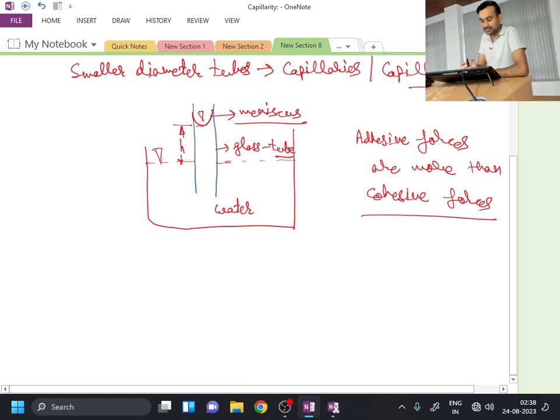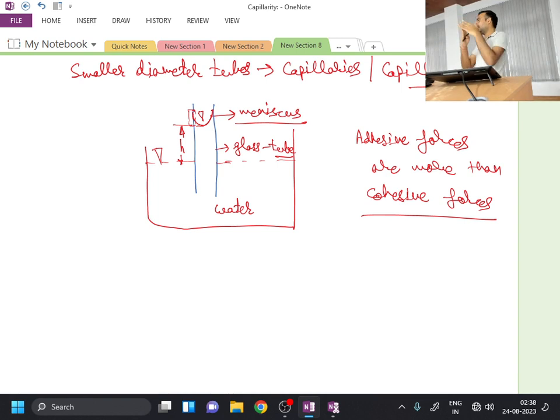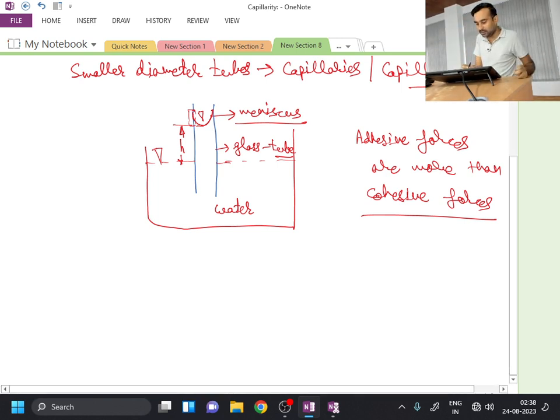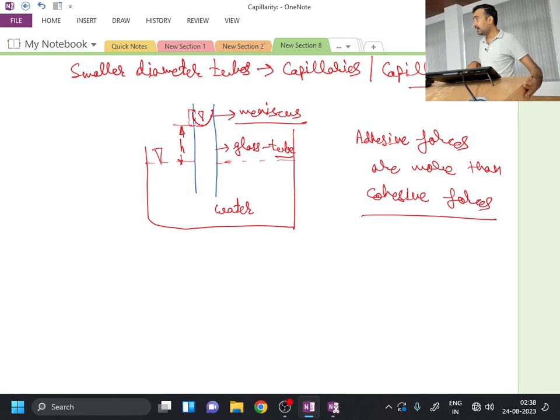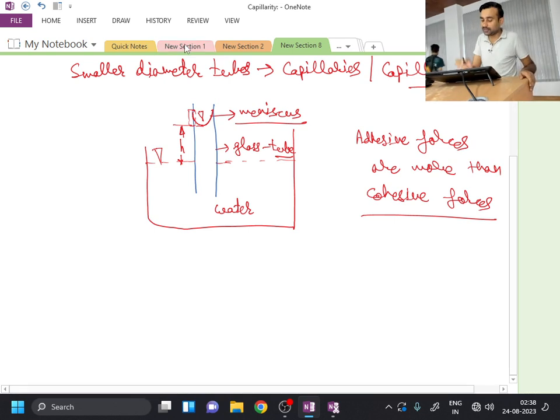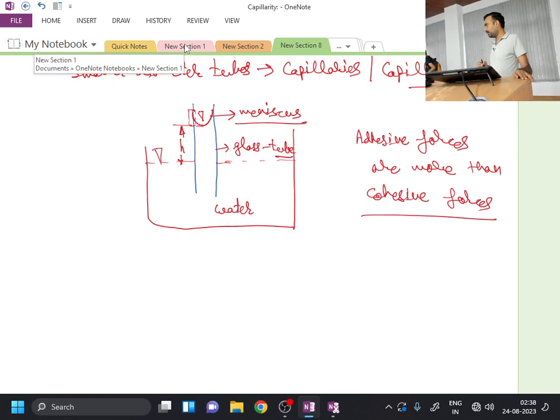So that is what is happening over here. You can see the molecules of water which are very close to the glass surface, particularly in this zone, are trying to stick to the glass surface, and the molecules which are away are forming a kind of bottom surface. Okay, so this is the reason for formation of the curved surface over here, and this is also the reason for climbing of water in this particular tube.